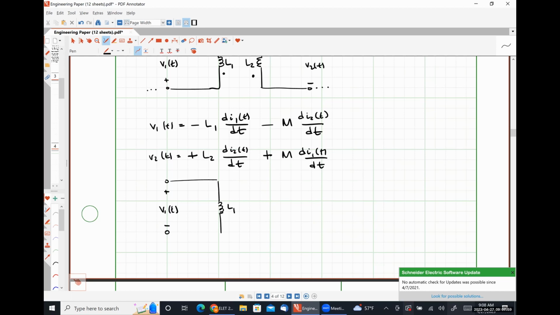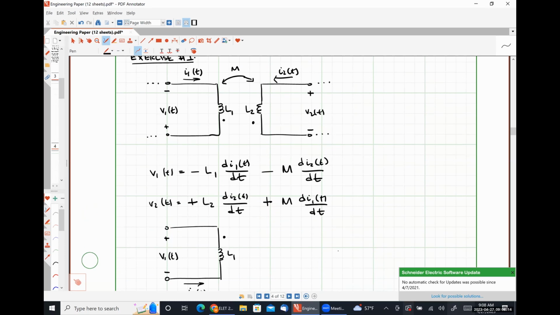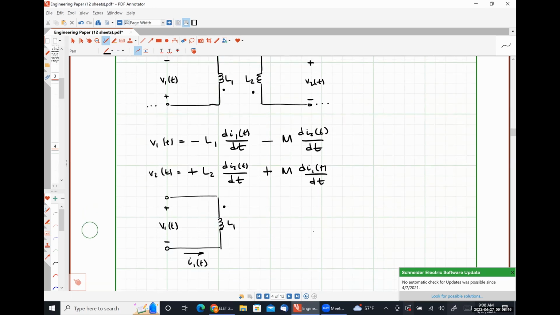Here is my coil L1. The dot was on the positive polarity terminal, so I flipped that upside down, and I'm going to define I1 like so. I1 is flowing from the negative polarity terminal into the undotted terminal. So nothing has changed except that now my voltage is on top because it looks right to me.